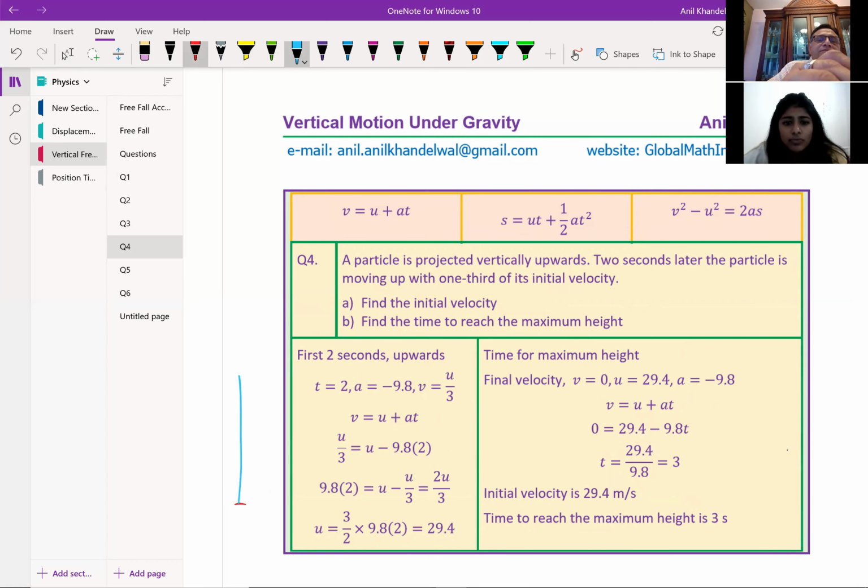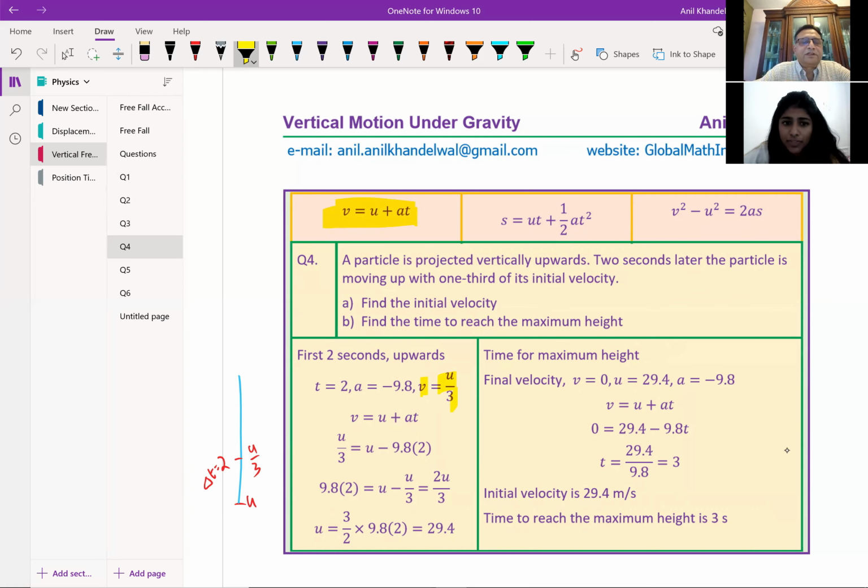So we know the acceleration is minus 9.8. A third of u at t equals 2. We need to find u.